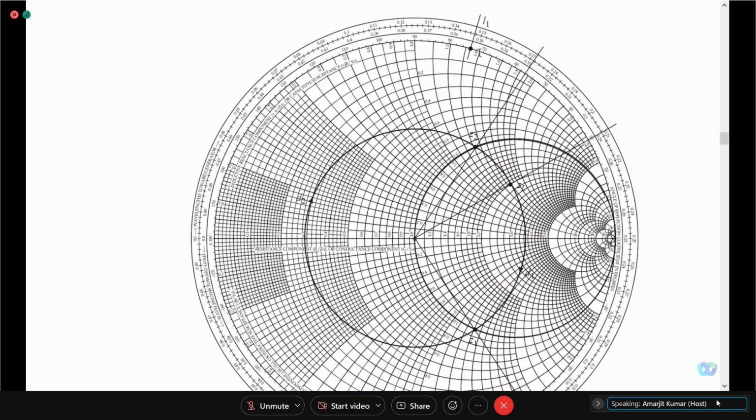So now open circuited stub is written. So how to calculate? What is the value here? 0.148 we can write or not? 0.15 to 0.148.